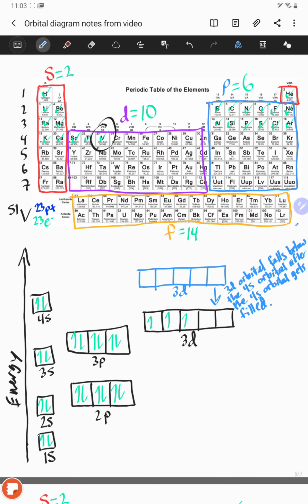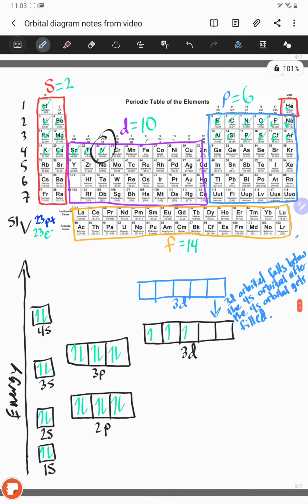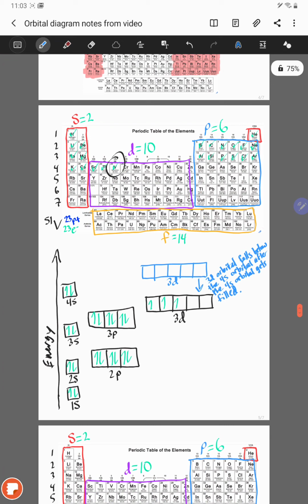All right, let me make this a little bit smaller so that I have room to draw our Bohr model next to this.